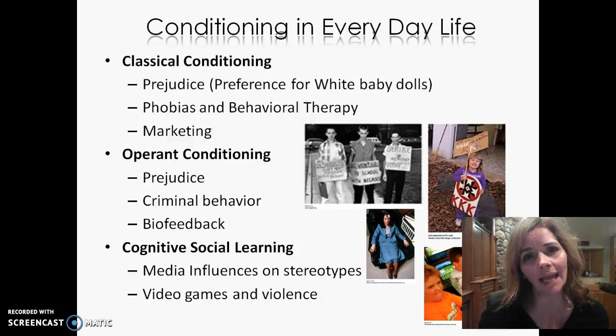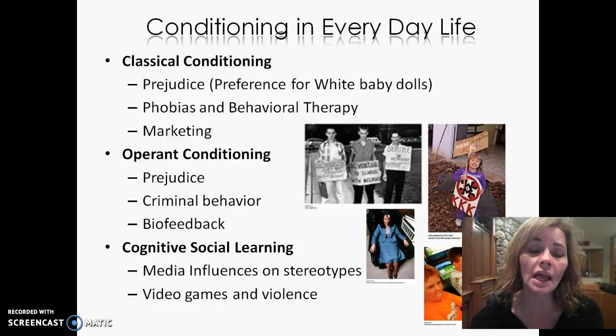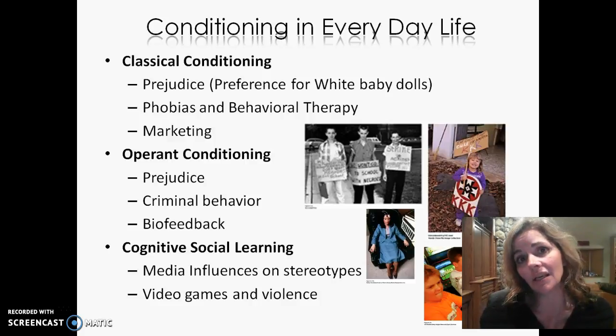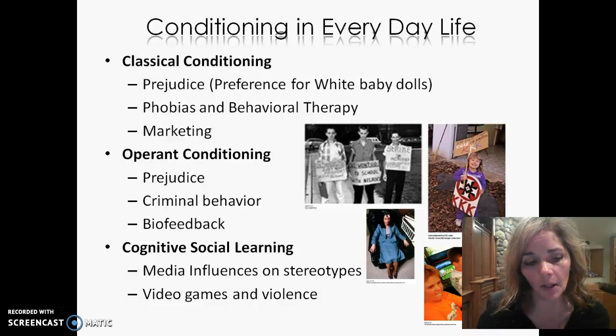They're more likely to egg on and reward negative behavior. Criminal behavior may also experience that kind of operant consequence. Biofeedback, where I might develop a sense of high and euphoria, will end up reinforcing my behavior because I'm seeking out that euphoric response.